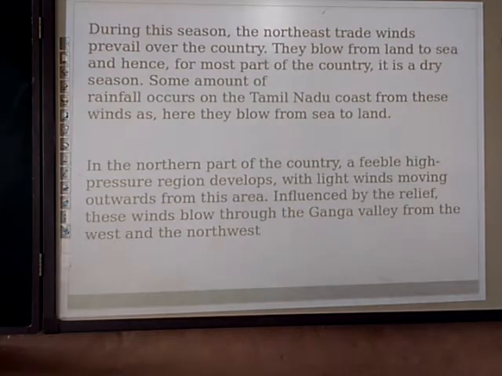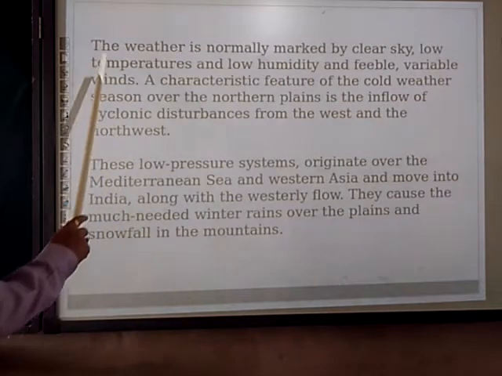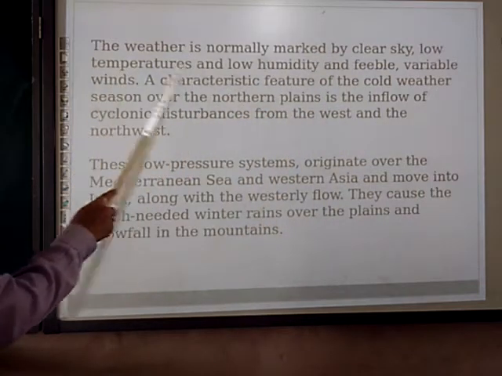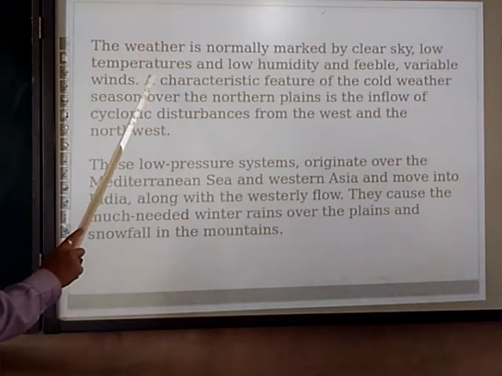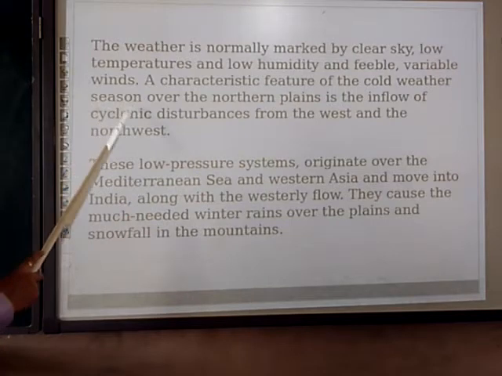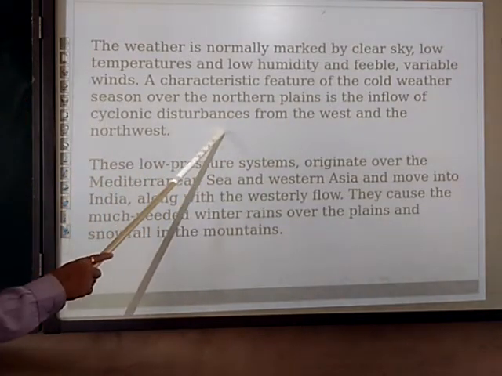Next we are going to see more. The weather is normally marked by clear sky, low temperature and low humidity. Feeble variable winds are a characteristic feature of the cold weather season over the northern plain, with the inflow of cyclonic disturbances.